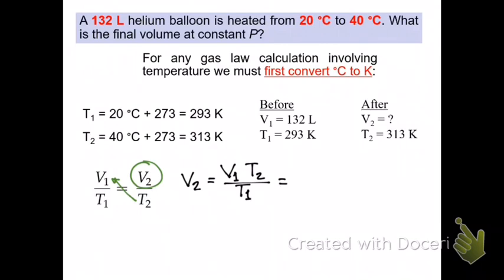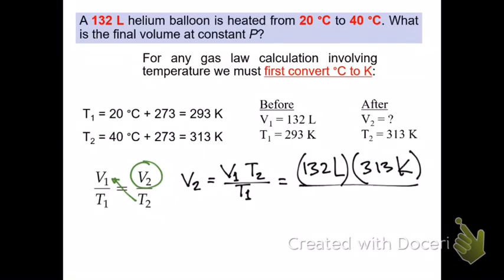So we have volume 1, which is 132 liters, multiplied by final temperature, which is 313 kelvins, divided by initial temperature, which is 293 kelvins. You can see that kelvins would cancel out, leaving you with the unit that you want, which is in liters.